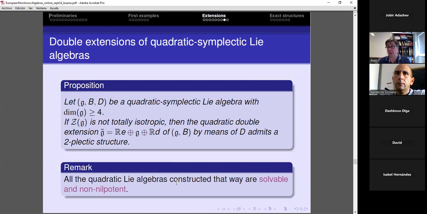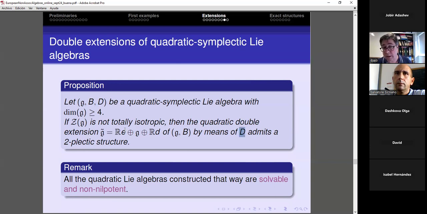But now we also want to construct non-nilpotent cases. So we started to think what happens if we now take a quadratic double extension of a quadratic symplectic Lie algebra. And in that case, we saw that if the center is not totally isotropic, then the double extension done by the derivation D, D is the derivation which links the quadratic structure and the symplectic structure, then we get a solvable Lie algebra because D, as far as we know, it is invertible.